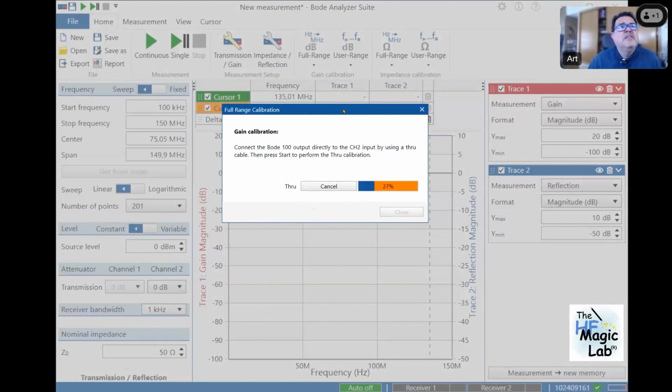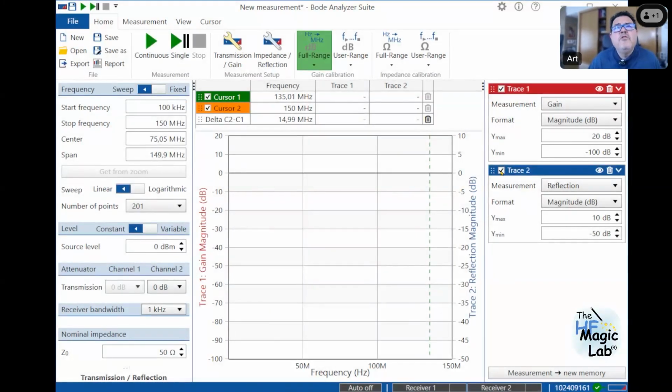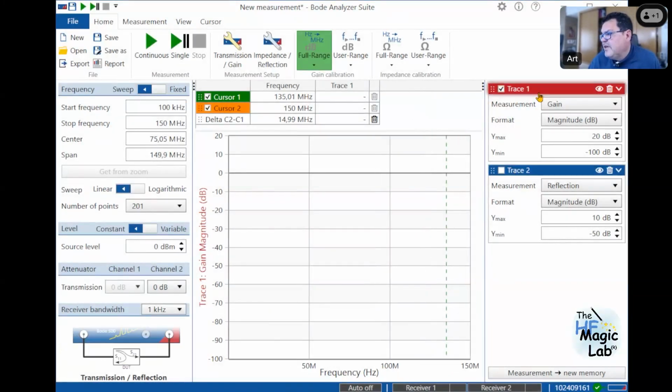The system is calibrating, sweeping from 100 kilohertz to 150 megahertz. We close here, remove the blue trace, and put trace number 1 in white. And we make a run.